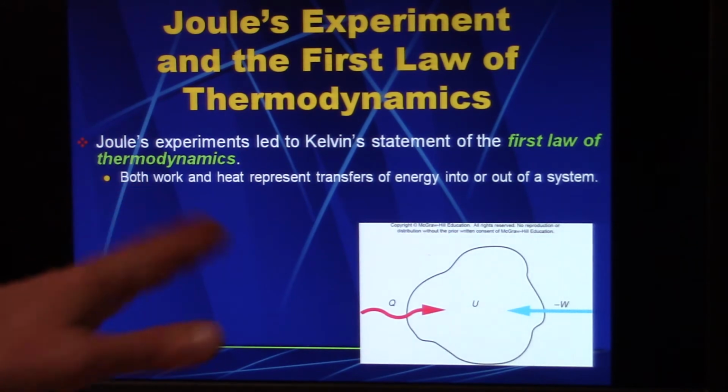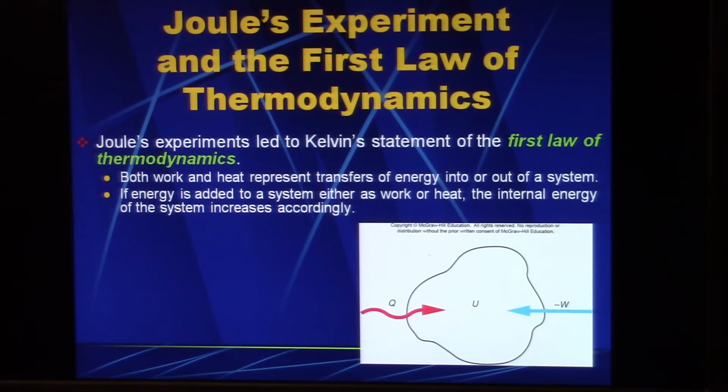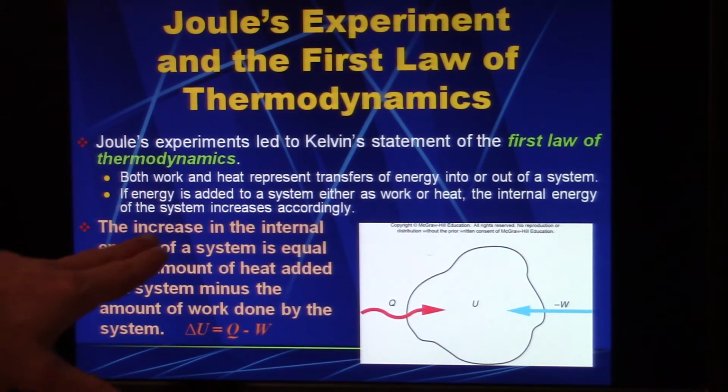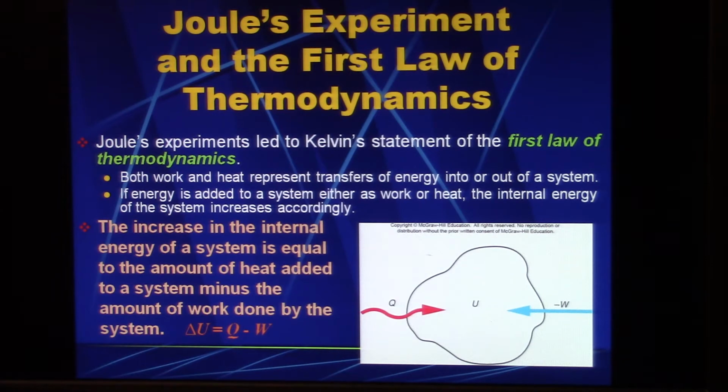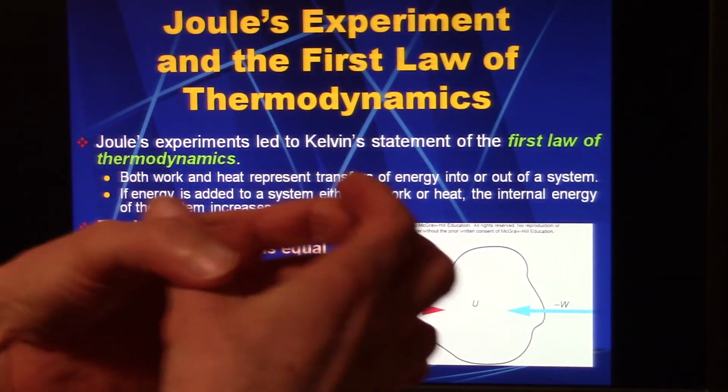So here they're talking about work and heat in a system. The increase in the internal energy of a system is equal to the amount of heat added to a system minus the amount of work done by the system. So what that means, well, let's take the example of a piston inside of a car engine, right?